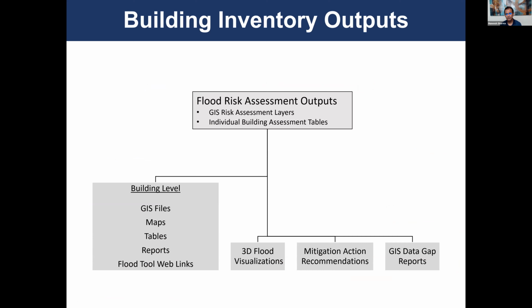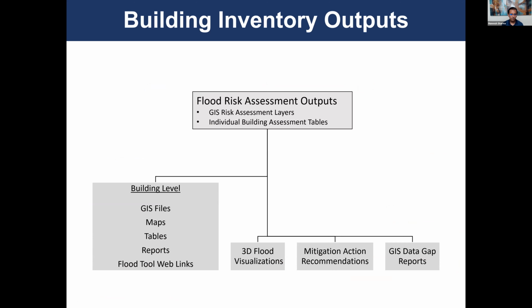So once the building inventory gets done, its first round is done now. It's not just that the inventory got done; there are a lot of tangential benefits to it, right? At the building level, GIS files are getting generated, the maps, the tables, the reports which come out of models.